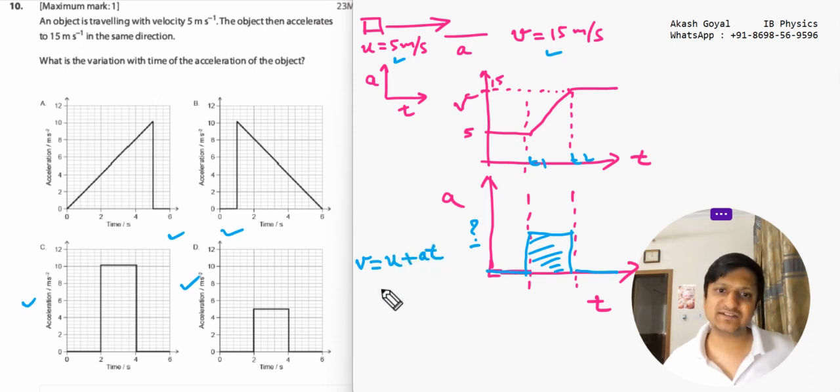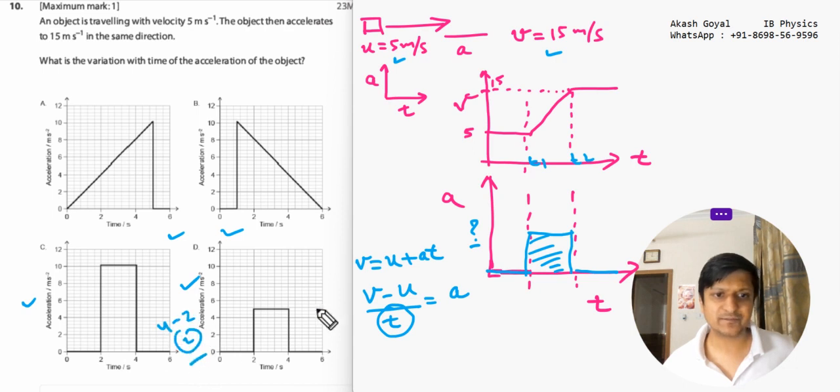V equal to U plus AT, V minus U divided by T equals A. So from the graph we will see T. In both of the graphs, the time taken is 4 and 2. So it will become 4 minus 2, that is 2 seconds.